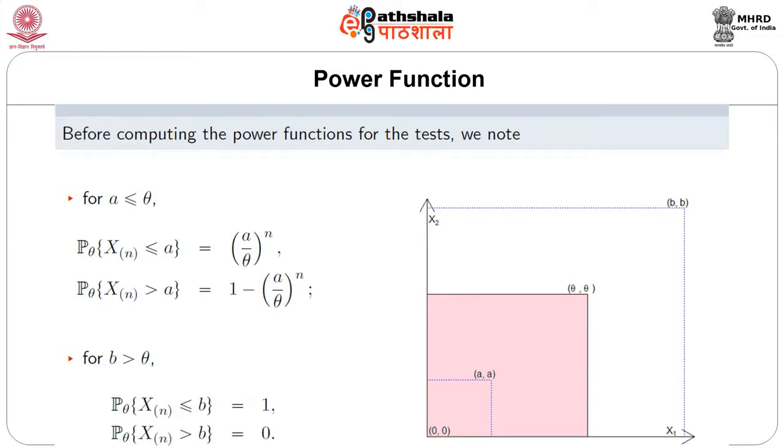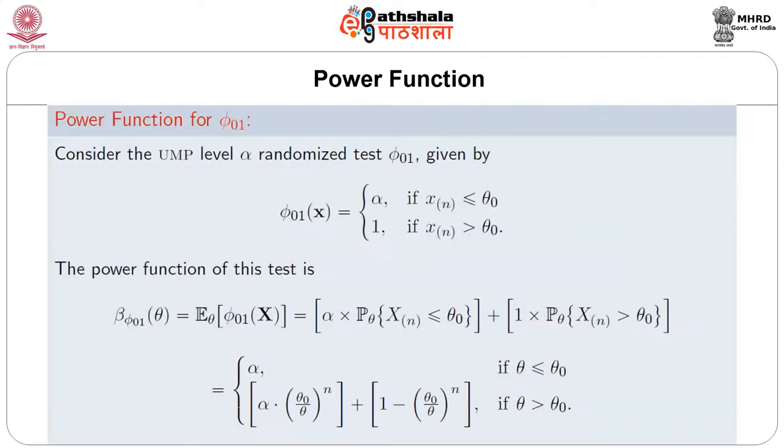So the probability that xn is less than or equal to b is the probability of less than or equal to theta, union xn lies between theta to b, and that part is 0. So definitely this probability is 1, and the probability that x order n is greater than b is definitely 0.